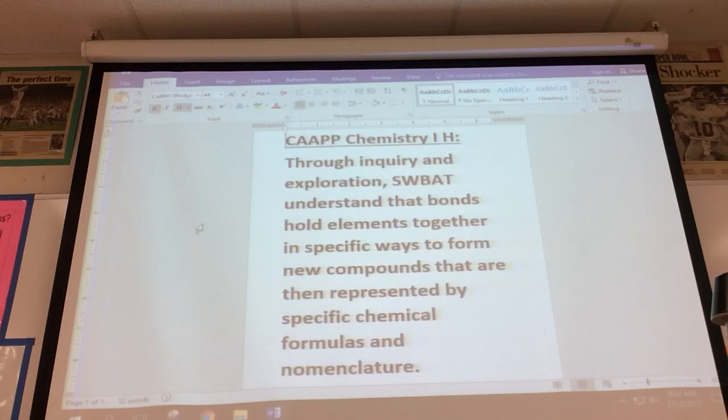The way in which those bonds are formed results in new compounds that can be represented by chemical formulas and nomenclature. And you've been assessed on writing chemical formulas and naming compounds as well as oxidation numbers. What we want to take a closer look at now are some properties of ionic compounds.